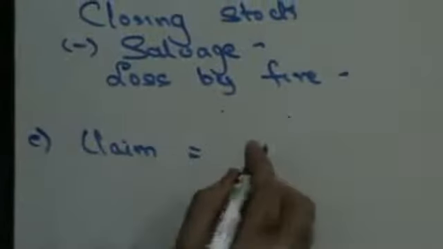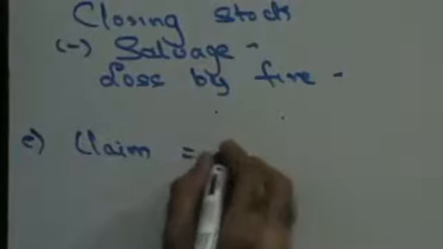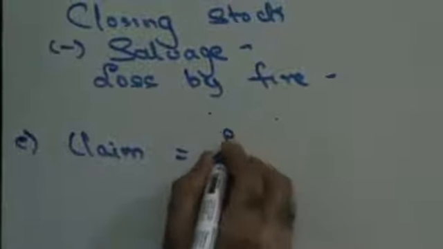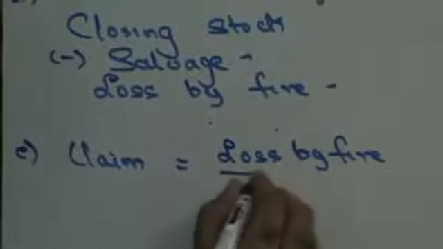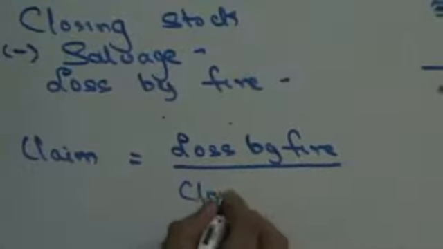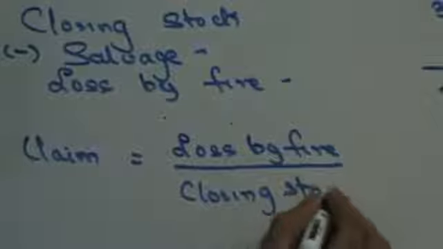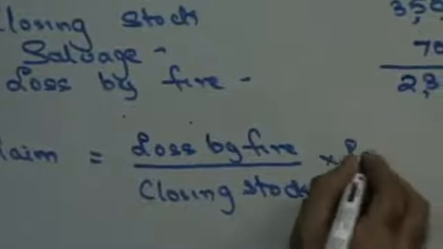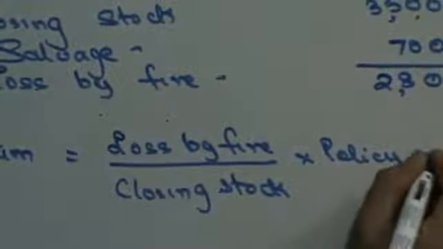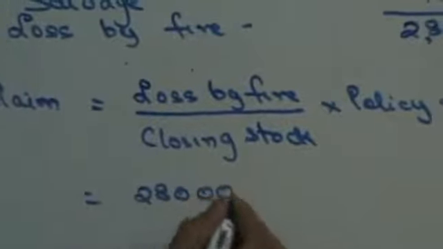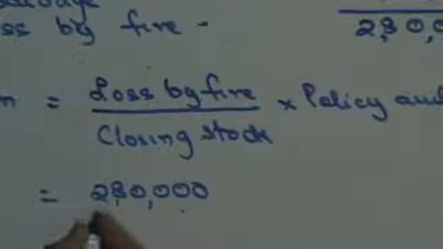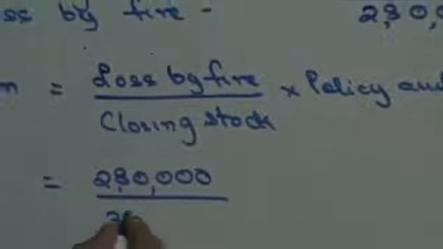Claim is given by the formula loss by fire upon closing stock into policy amount. Loss by fire is 2,80,000. Closing stock is 3,50,000.